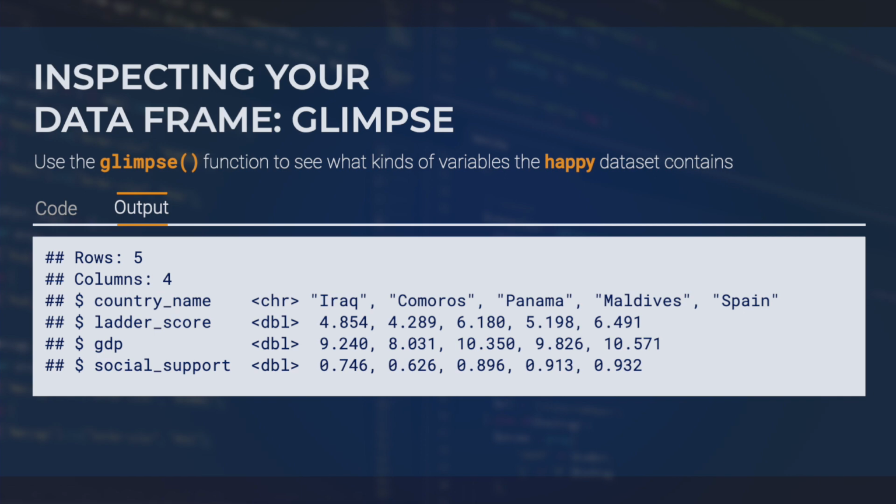And the output clearly tells us which number refers to rows and which to columns. Whereas in the case of dim, we need to remember that the first number of the output refers to rows and the second to columns. Importantly, glimpse also shows you what the variables in your dataset are, the first few entries for each variable, and information on each variable's data type.